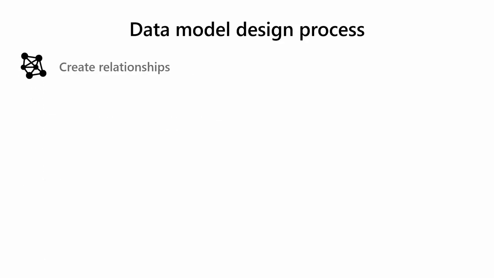Then create model relationships, and finally create measures and calculated columns using DAX, or data analysis expressions. Once your data model is in place, you can analyze the data to generate insights to help you achieve your business objectives. Let's explore some examples of how data models can be applied to business data.